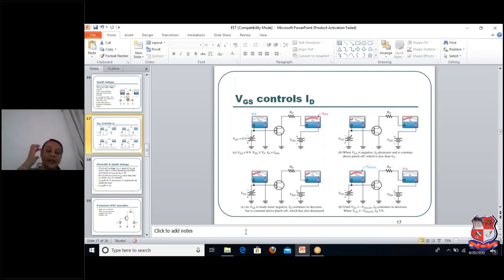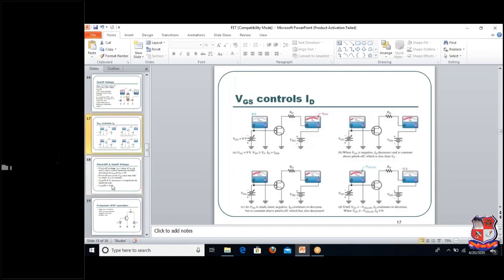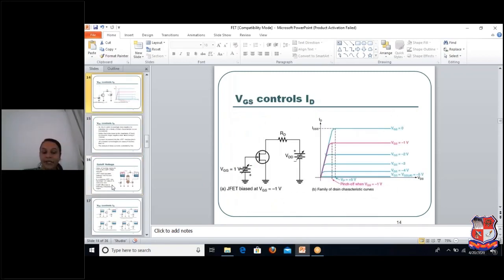As you increase VGS in reverse bias, it decreases the pinch-off voltage; the pinch-off voltage will also be different for each. You can see in the characteristics: for VGS 0, your pinch-off voltage is this.